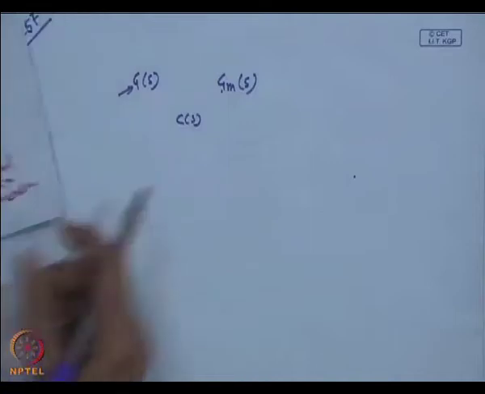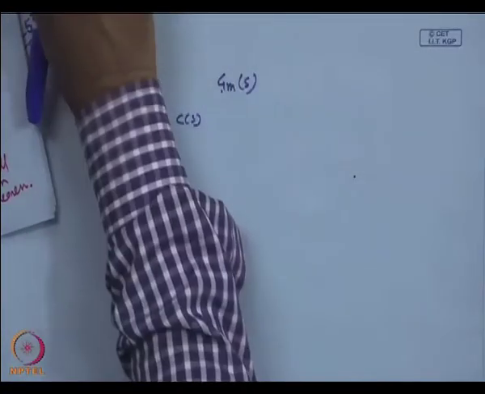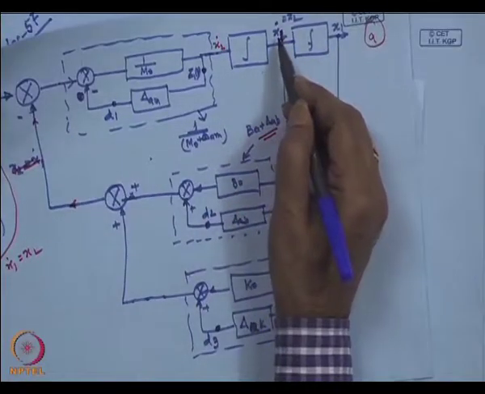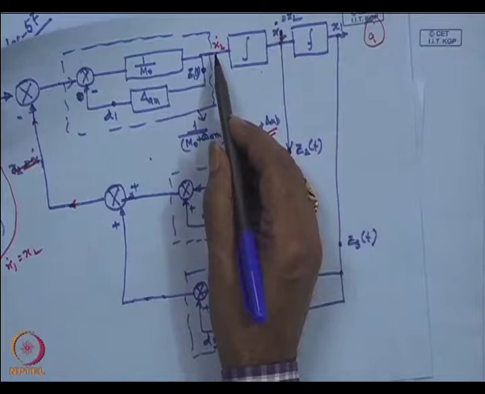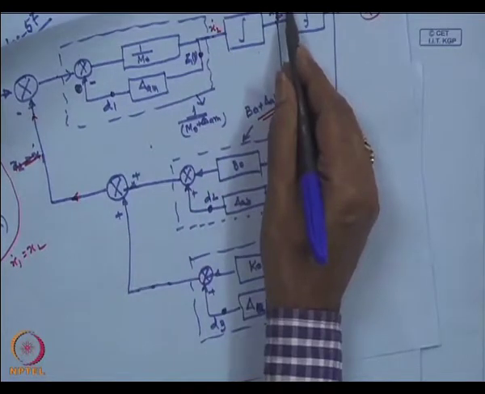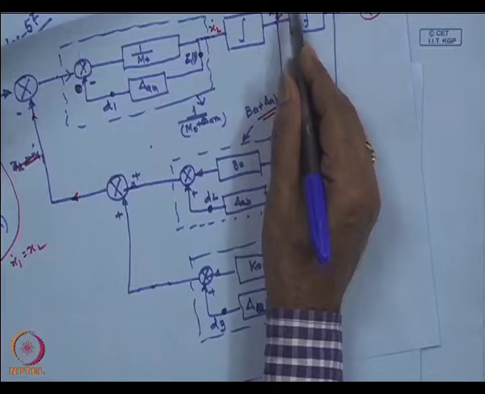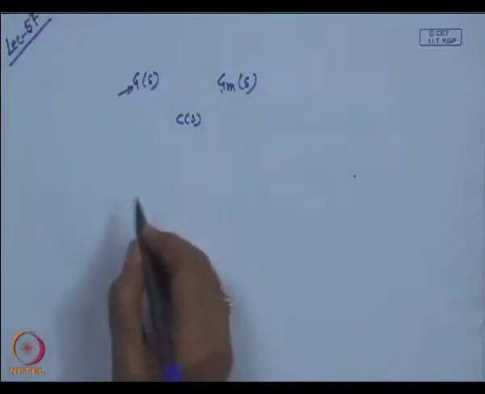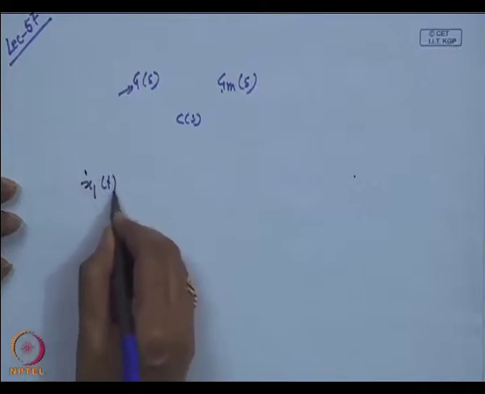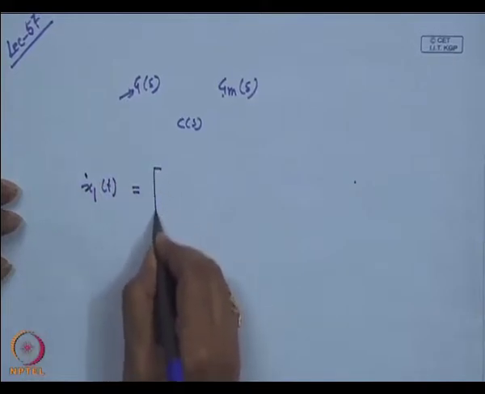If you look at that, I can write x 1 dot. X 1 dot is nothing but x 2. So, if I write this expression, x 1 dot of t is nothing but x 2.